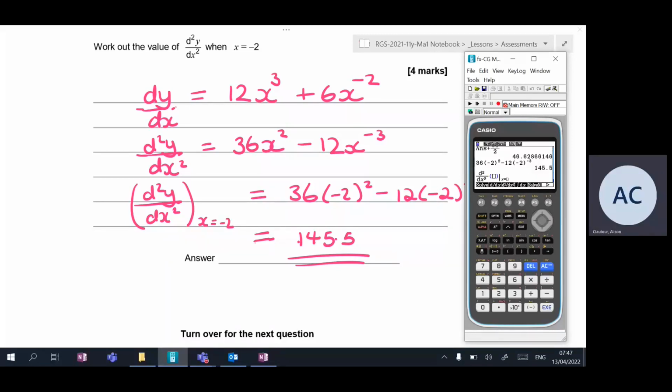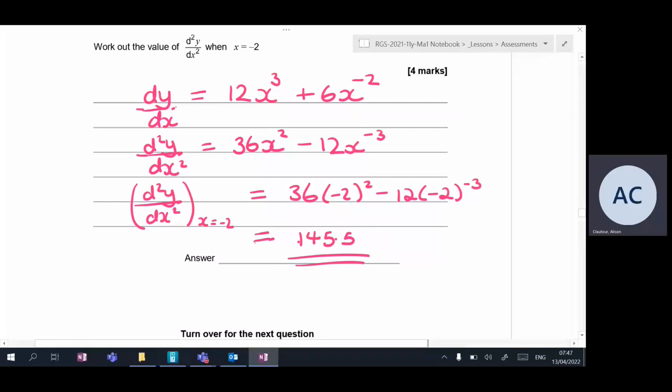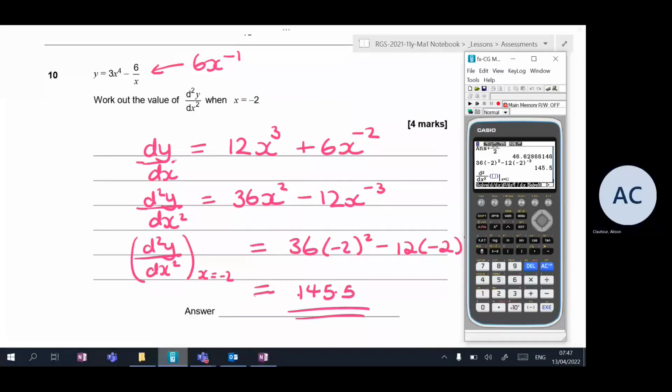So we want the second derivative of, what was our original expression? 3x to the power of 4 minus 6 over x. Okay, and we want that when x is -2. Okay, and you can see that gives you 145.5.